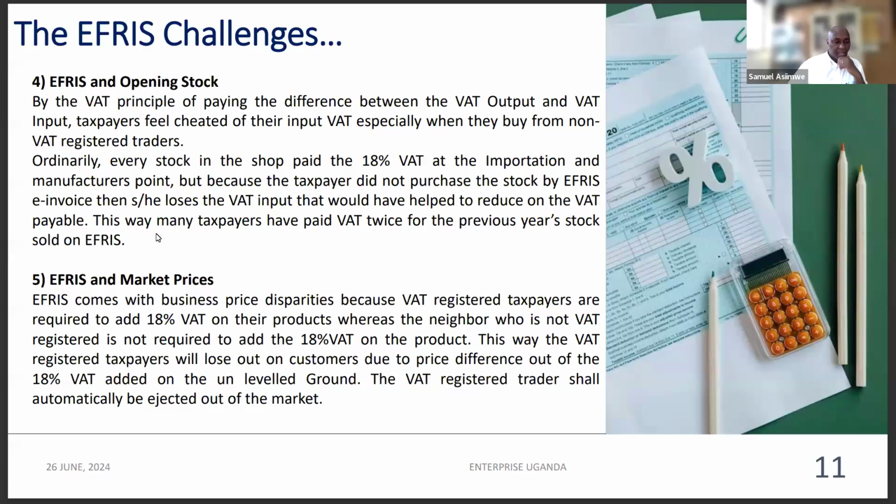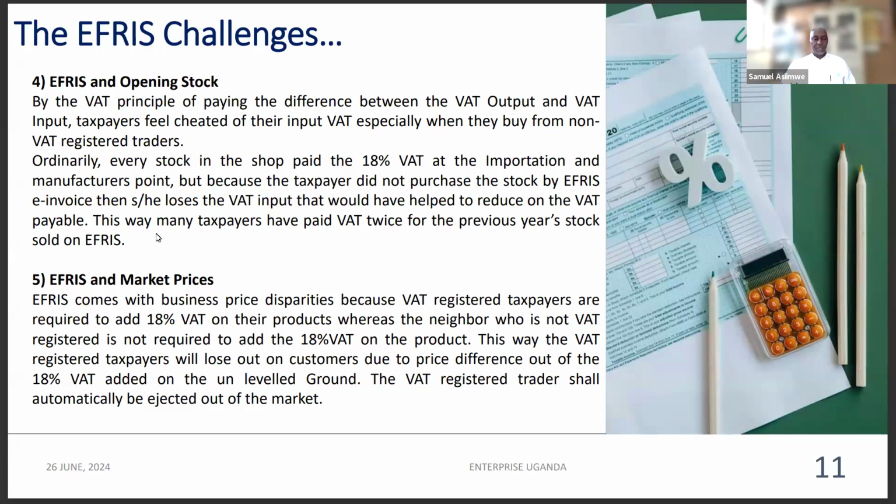The fifth one is EFRIS and the market prices. EFRIS comes with business price disparities. Why? Because VAT registered taxpayers are required to add 18% VAT on their products. I have a shop and I'm supposed to charge 18% as mandated by the government. I'm on EFRIS, so I have to charge it.